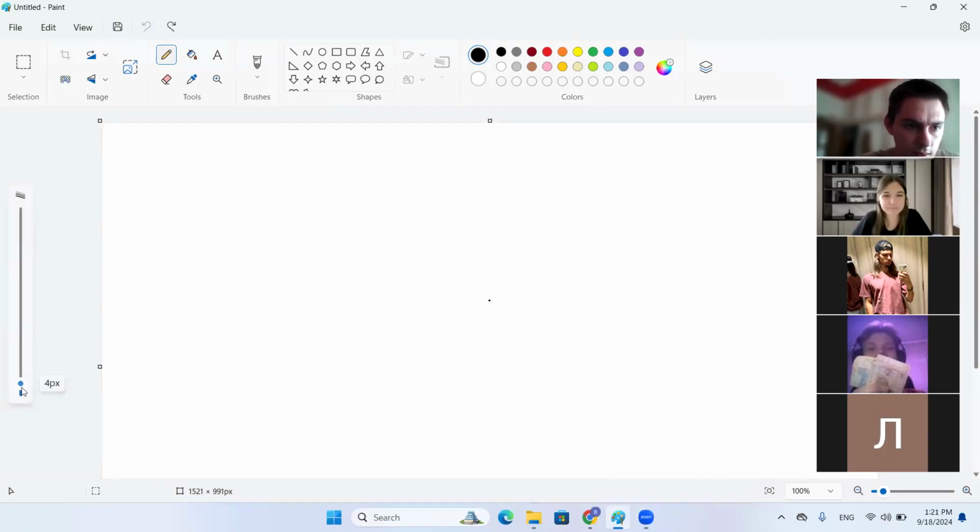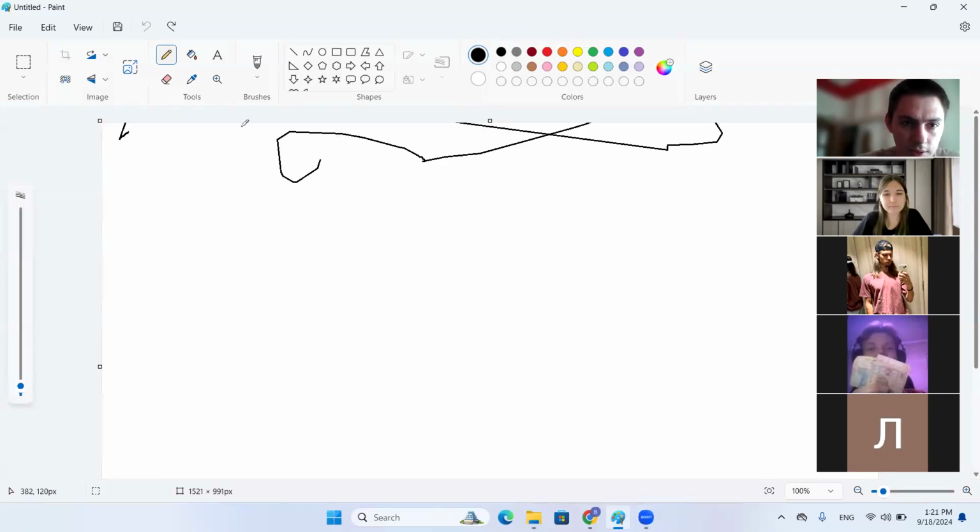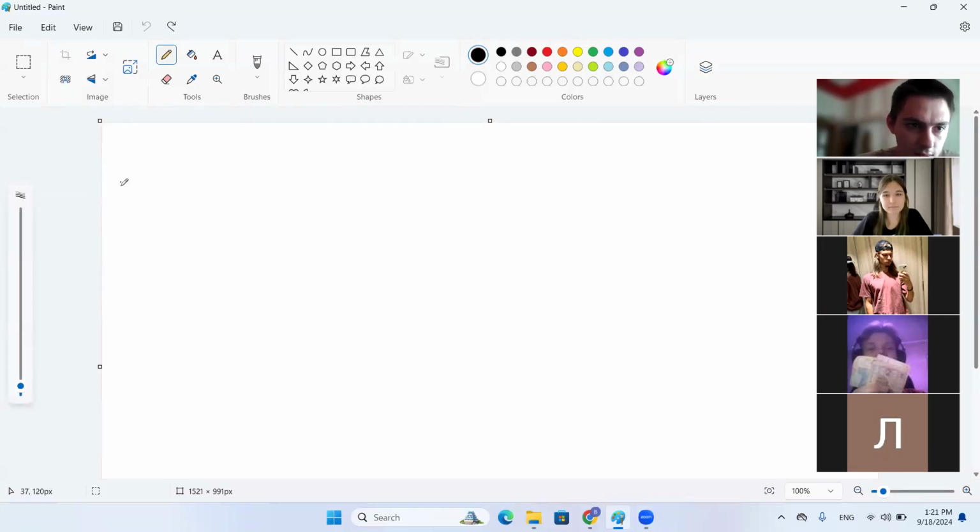So let's write it. A little bit laggy paint. So we have matrix A with dimensions n1 by m1, and matrix B that has dimensions n2 by m2.